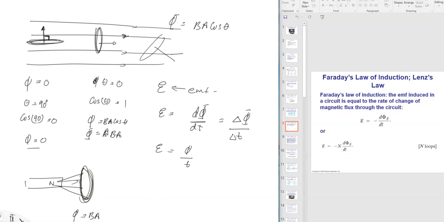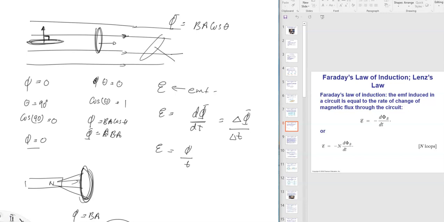So at one point psi was BA. After some time psi is 0 because you took the magnet away. Now flux has changed from this initial to this final, right? That change divided by how long it took us to remove that magnetic field, that's the time interval. Dividing one by the other, you can find how much voltage was produced.